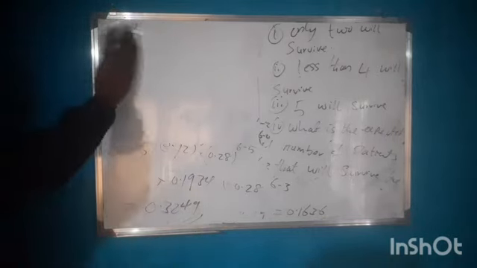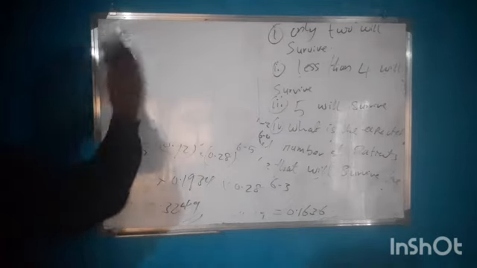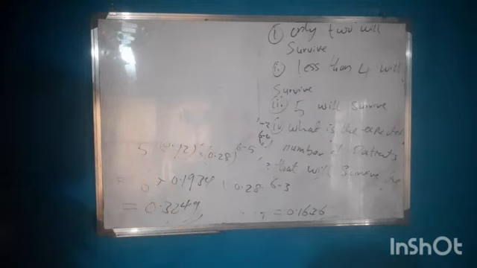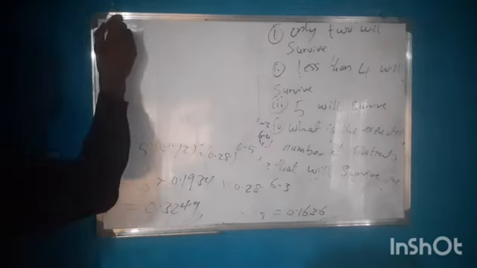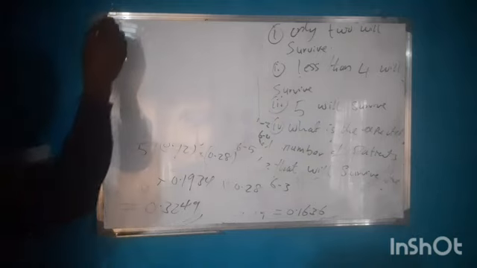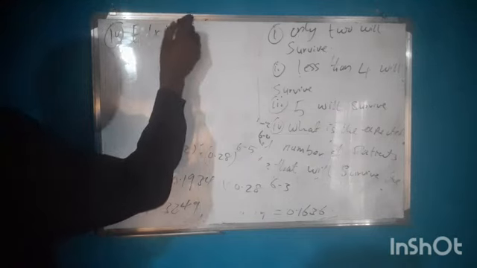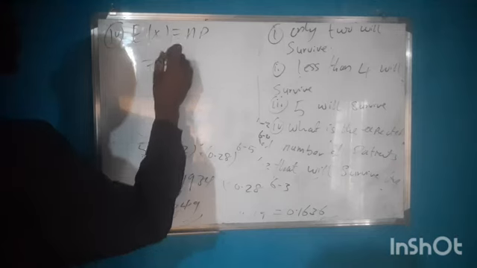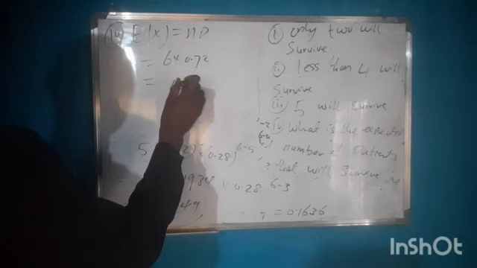So our n in this question is 6, the number of patients that registered for the surgery, and our p, the probability of surviving the surgery, is 0.72. So the expected number of patients that will survive is equal to np, which is 6 times 0.72, which is equal to 4.32.